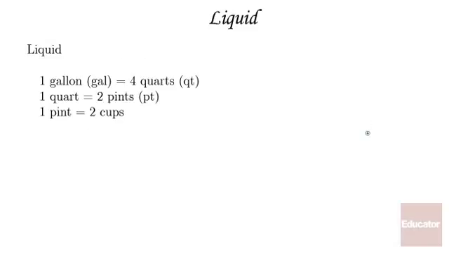I'm going to show you an easy way to remember these. I'm going to write a G for gallon. So let's say I have a G like that. G for gallon, so this is 1 gallon.